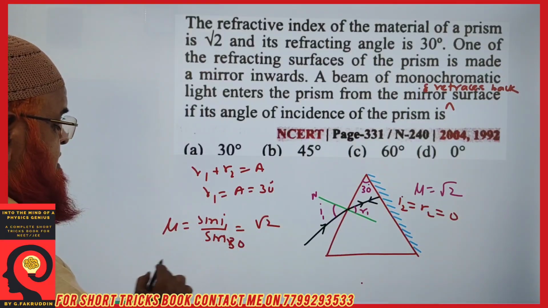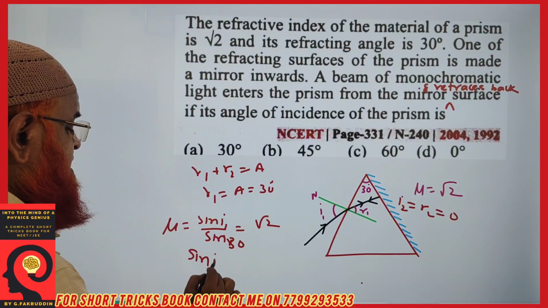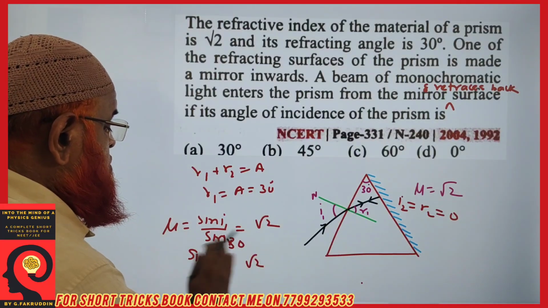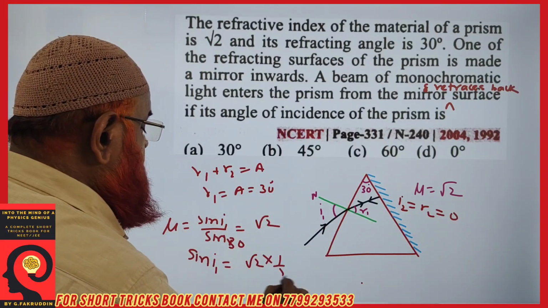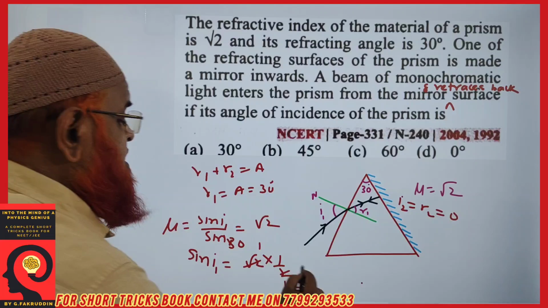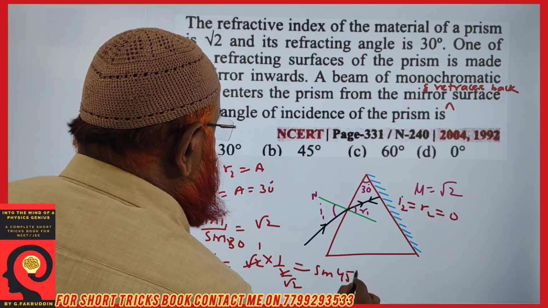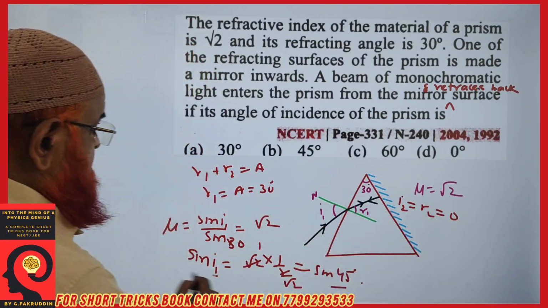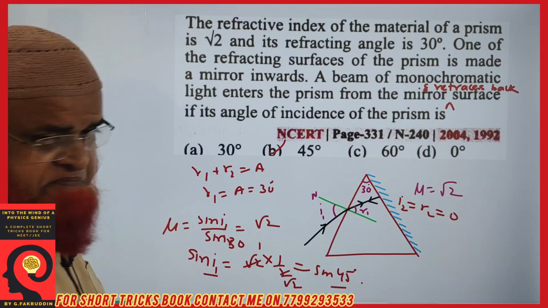So you can take it as 30. Therefore sin I1 is equal to √2 into sin 30, which is nothing but 1 by 2. So √2 over 2 will be left. Sin I1 is equal to 1 by √2, which means sin 45 degrees, isn't it? So that means I1 is 45 degrees. That is going to be your answer.